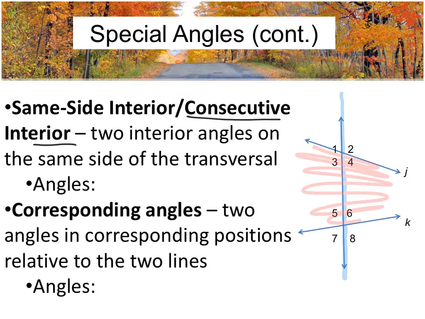And then two angles on the same side of the transversal, for example, 3 and 5 that are interior angles. So this would be one pair. Angle 3 and angle 5 are called same side interior or consecutive interior angles. And then the other pair would be on the same side of the transversal, in the interior, and it would be 4 and 6.